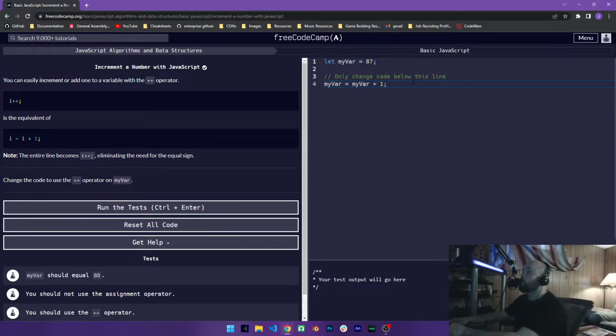So we can do the same thing with much less code. All we have to do is this. And it's the exact same thing. So that says iterate by 1. Now, if we wanted to iterate by 2, it'd be like that.